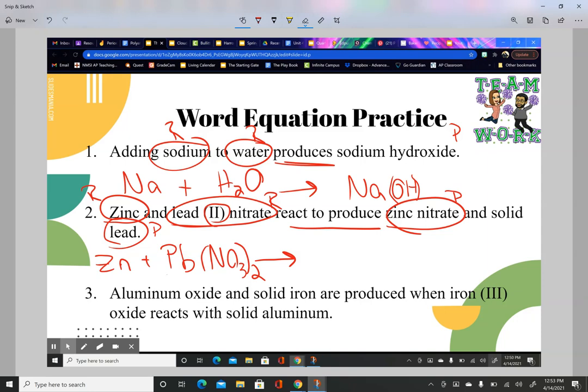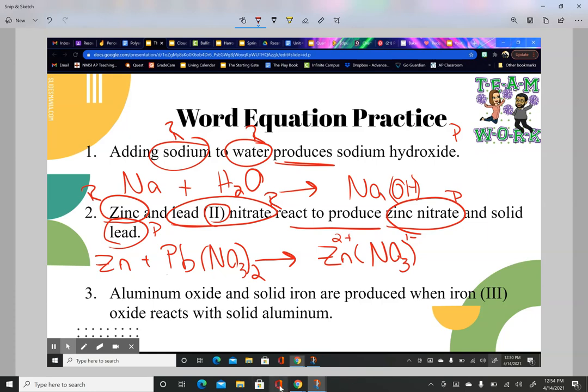But when I get to the right, now I need to get zinc nitrate, and zinc is going to be bonding with nitrate, which I just found on my polyatomic ion list. It is NO3, and I also know that NO3's charge is a -1. Well, it works out that on the periodic table, zinc's charge is a +2. I wrote that down on my periodic table.